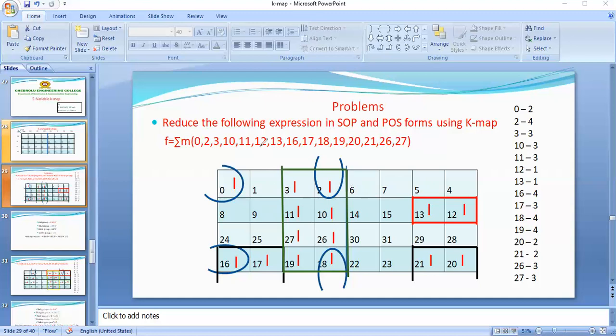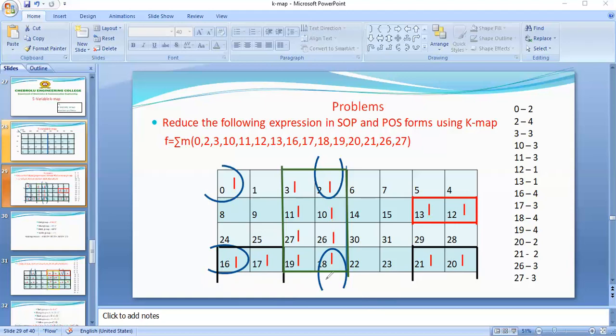And next for 12. Where is 12? Here is 12. Only one cell is adjacent, that is 13. Similarly for 13, 12 is adjacent, only one. After that, 16. Here is 16. This one is 2, and 18 is also adjacent, and for 16, 20 is also adjacent, because these two are corners.